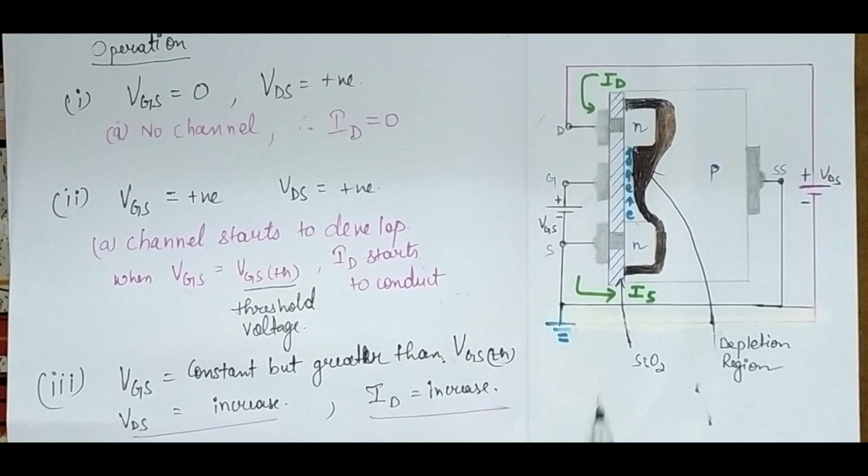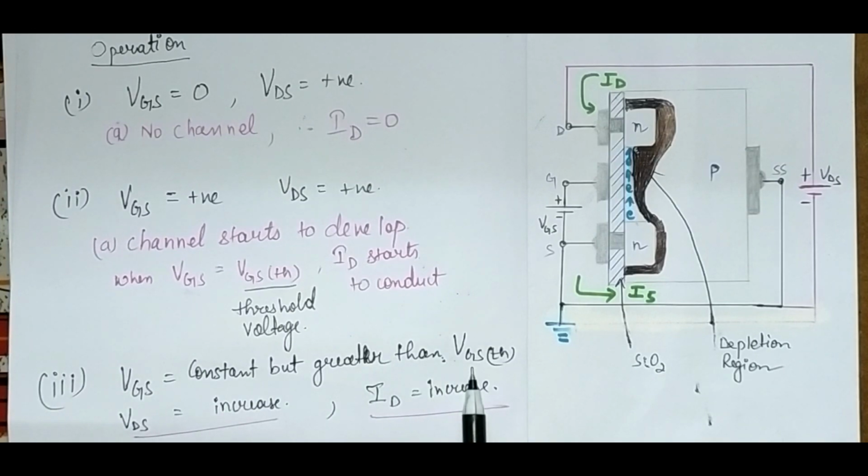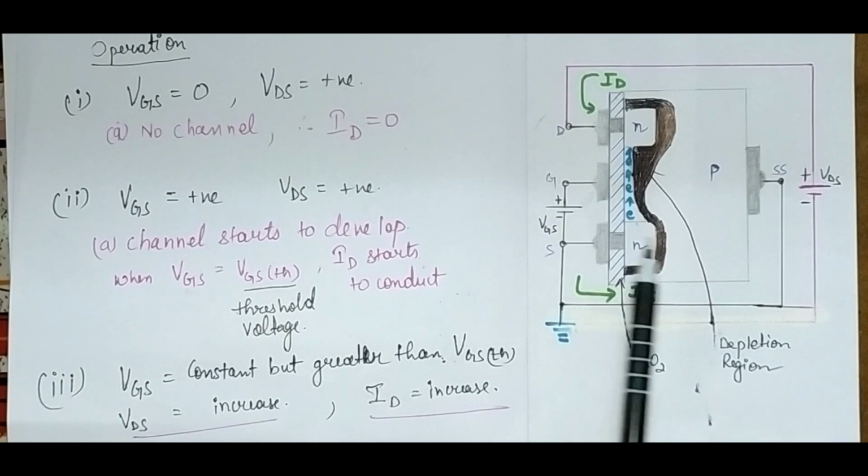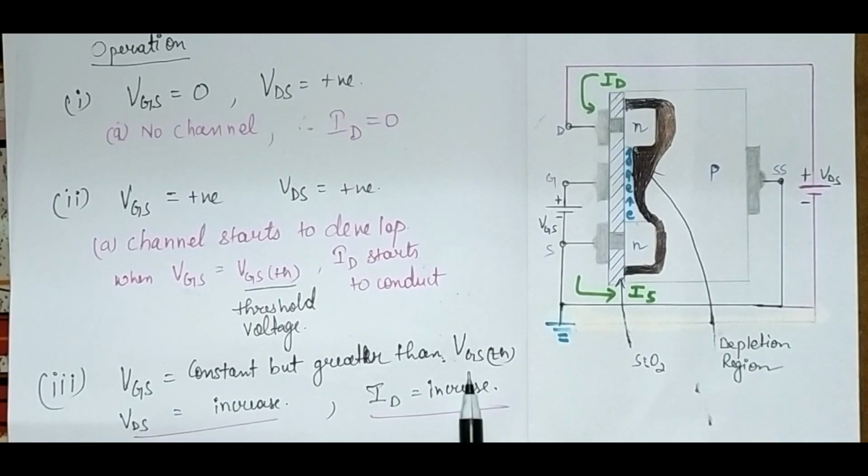Now in the third case, we will increase the voltage VGS beyond the threshold value. We will fix the value of VGS, and it will be more than the threshold value, because at the threshold value only the MOSFET is turned on. So we will fix the value of VGS greater than the threshold value.